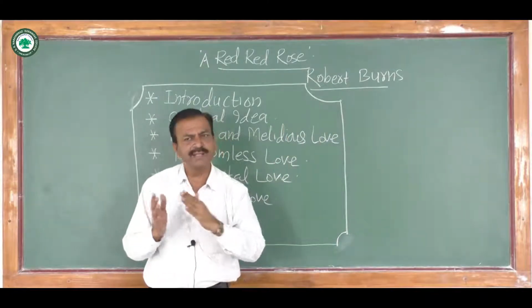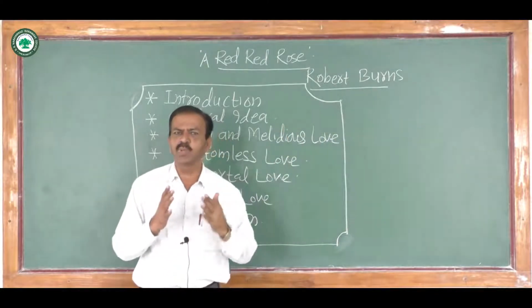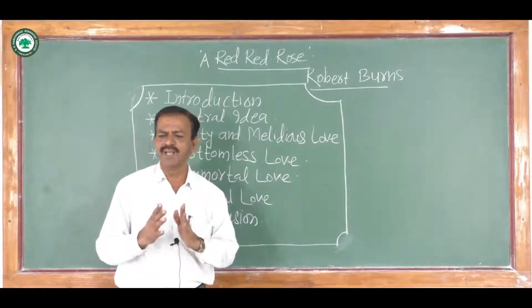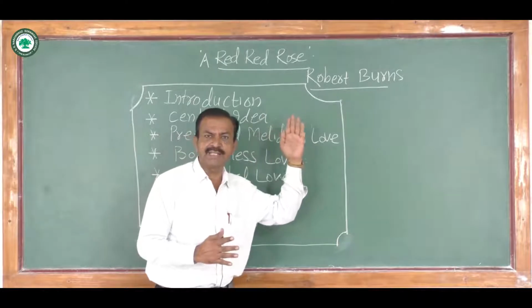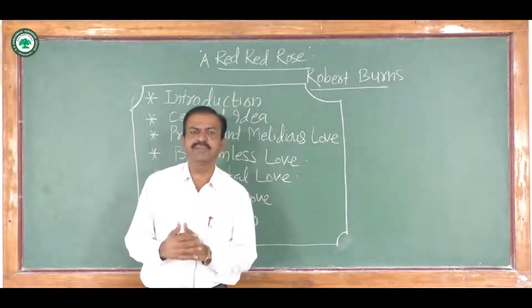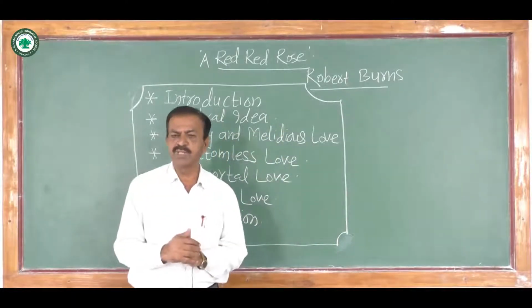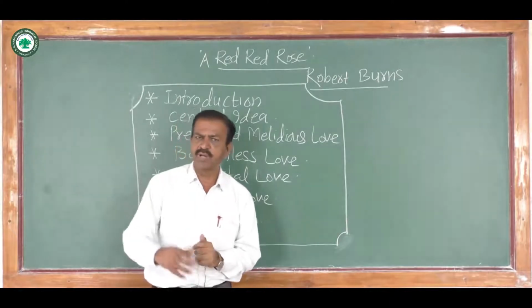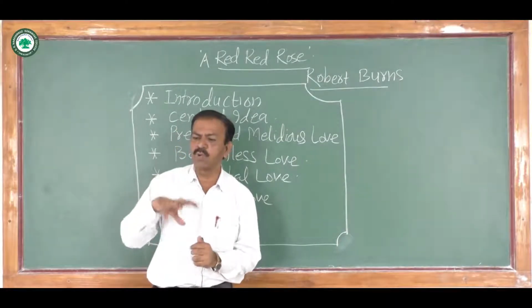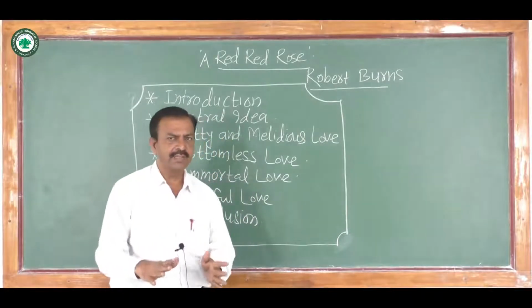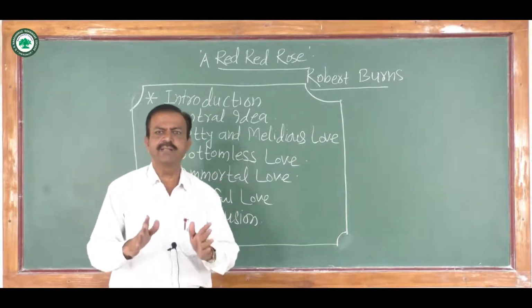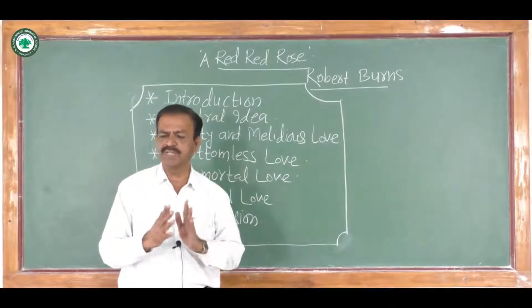As I said earlier, the rose is the symbol of love, and the word red indicates the passion of the speaker. The core focus is on the ardent, passionate love of the speaker.